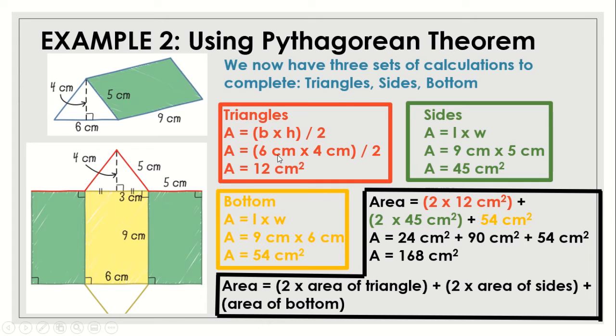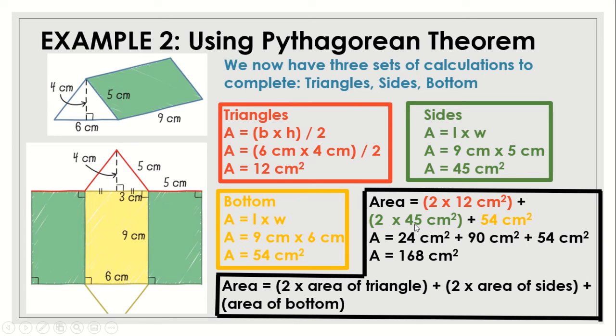That's 6 centimeters times 4 centimeters divided by 2, which is 12 centimeters squared. The green sides of this, I've got length times width, which is 9 centimeters times 5 centimeters, and 45 centimeters squared is the answer. And the yellow bottom area is also length times width. That's 9 centimeters times 6 centimeters for 54 centimeters squared.